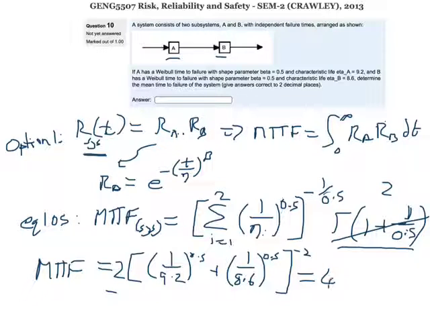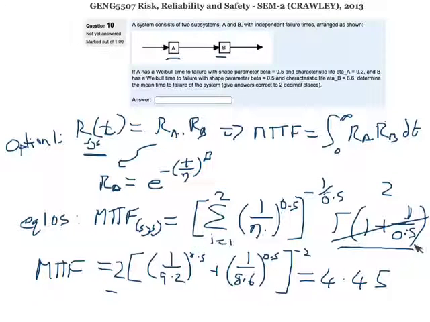And that's going to be our answer. We asked for 2 decimal places, 4.446, but 4.45.